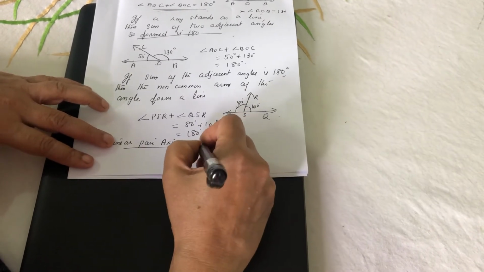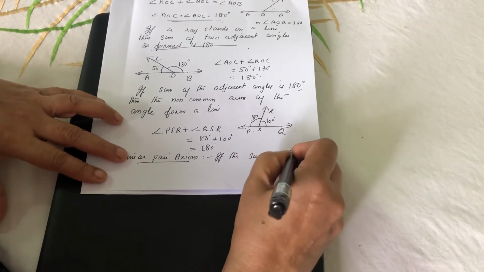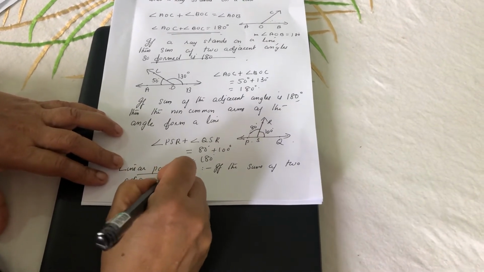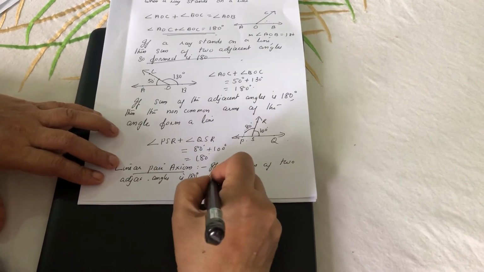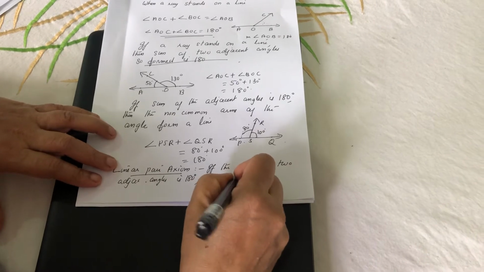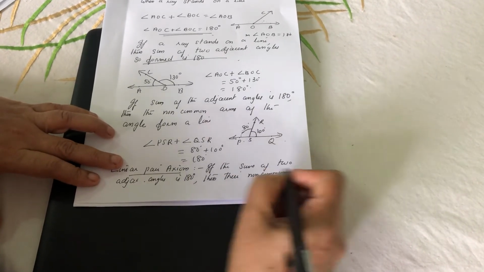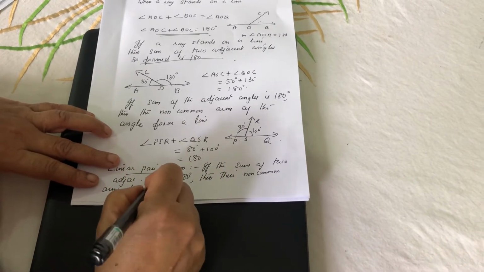So, if the sum of two adjacent angles is 180 degrees, then their non-common arms form a line.